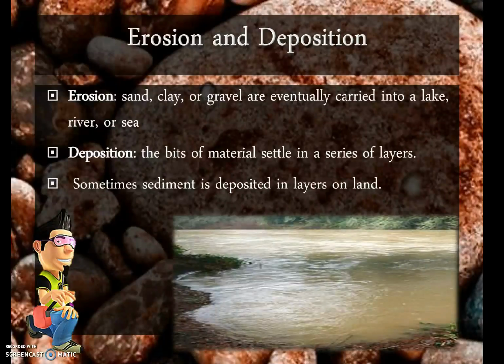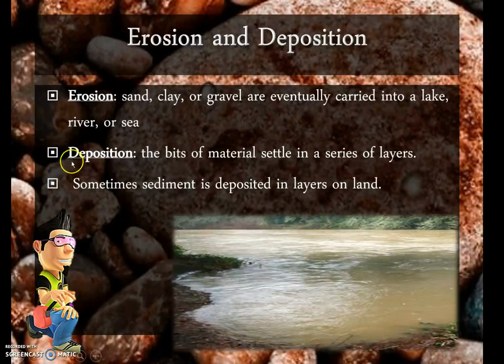So the next thing that needs to happen for sedimentary rock to form is after the rock is weathered, then it may be eroded. Erosion is where those small pieces of shell, sand, rock, and minerals are carried away. So weathering is the breaking down of rock, and erosion is the moving of rock. The last step in the creation of sedimentary rock is deposition.